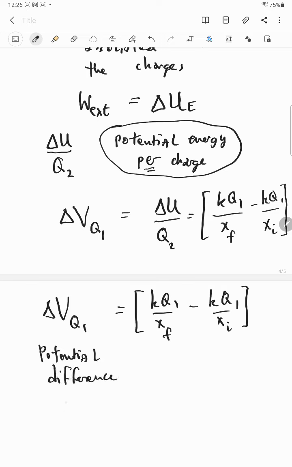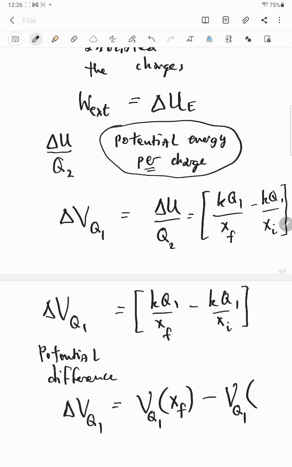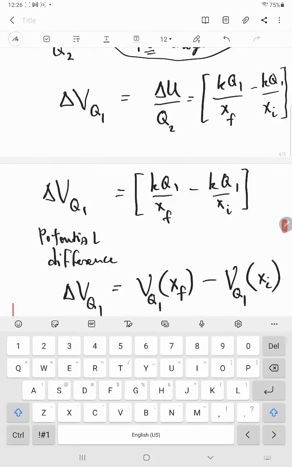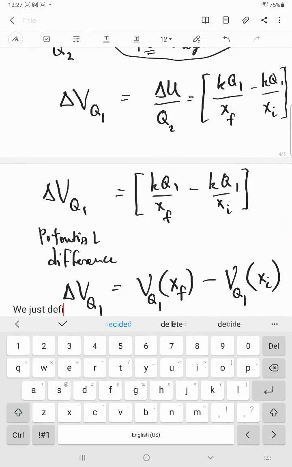In particular, this potential difference around Q1 is the potential due to Q1 at the final position minus the potential due to Q1 at the initial position. And so we've defined something called the potential difference. So let me type that. We just defined a new quantity.